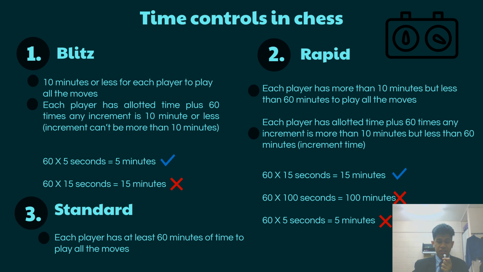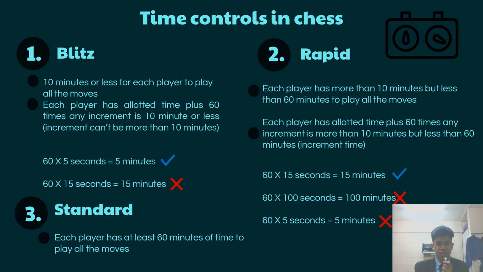Second example is 60 times 100 seconds increment equals 100 minutes. And this is not rapid because the total increment time is more than 60 minutes. And the next example is 60 times 5 seconds increment equals 5 minutes. And this is not rapid because it is less than 10 minutes.